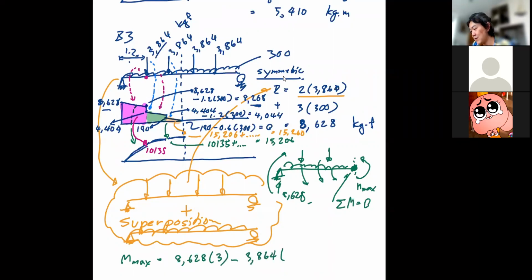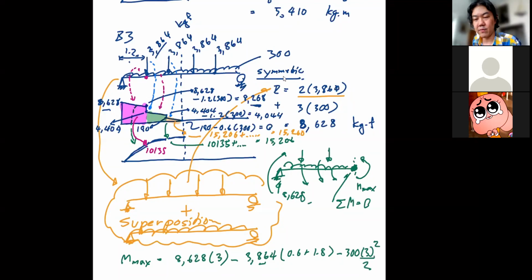But now you have 2 point loads, so I can just use one number multiplied by 2 lengths, right? So the length from the midspan to the first one is 0.6, and then plus 1.2 more, so that's 1.8, and then minus the moment due to the uniform load, which is 300 multiplied by 3 squared over 2.